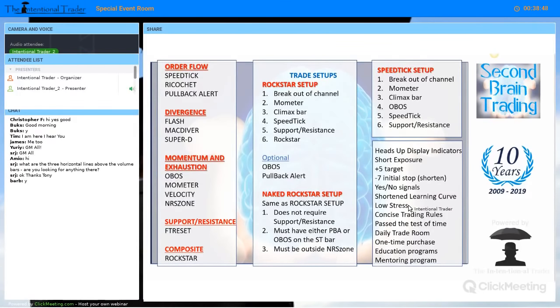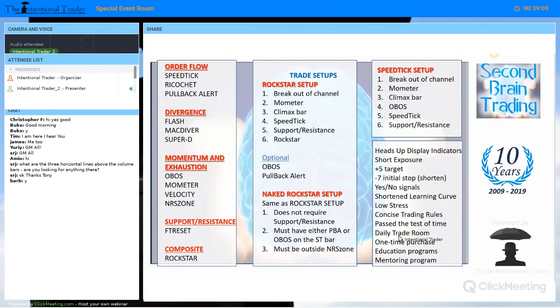This creates a much less stressful type of trading. It's certainly passed the test of time. As you see, we're at 10 years now, and we're still doing the same thing. We're not one of those trade rooms or companies that continually changes things.